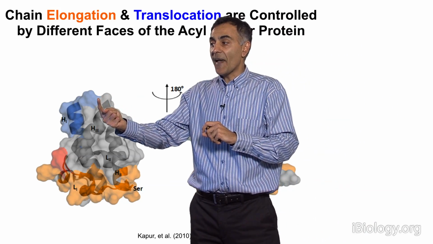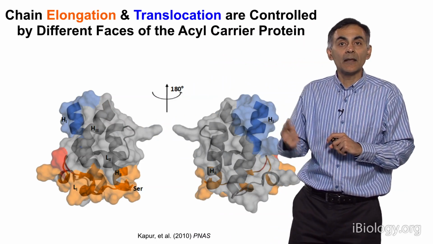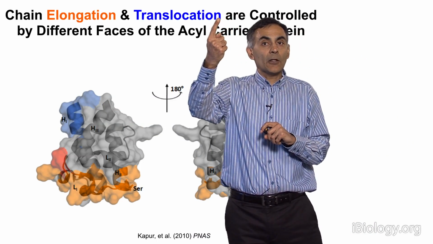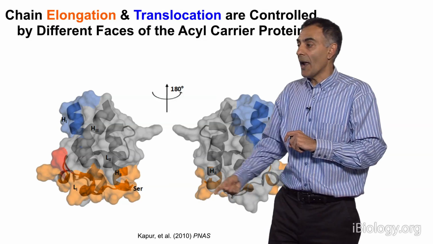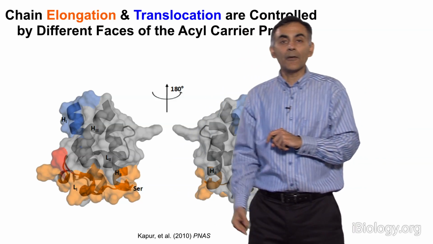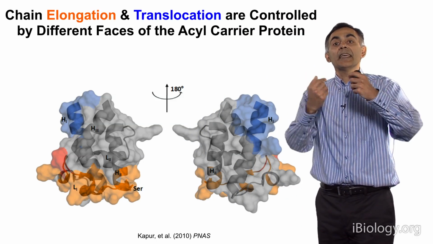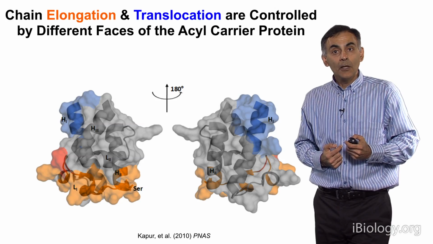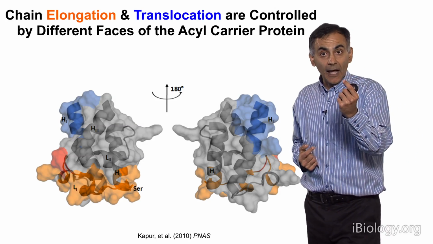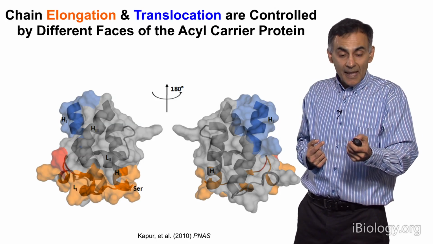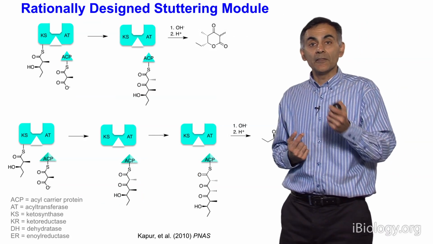So this blue face of this carrier protein is what's driving the translocation reaction, whereas the yellow face of the carrier protein is what's driving the elongation reaction. So you have this Janus-like biochemistry in these carrier proteins.